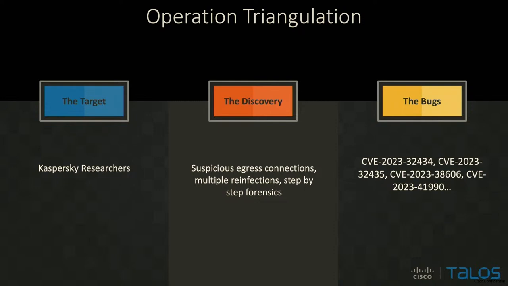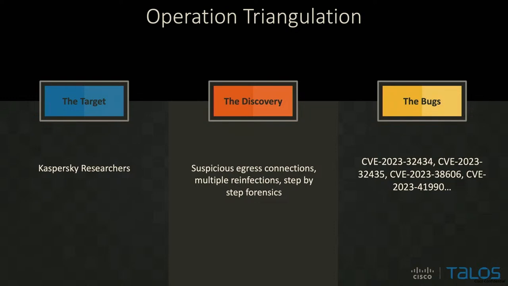They got wind of this campaign because repeated reinfections of devices were required by the threat actors, and they noticed some suspicious egress connectivity. They set up some traps to catch the samples and reported them to Apple, started publishing afterwards, and we got wind of some of the details about Operation Triangulation.